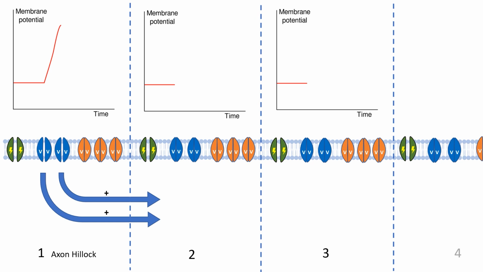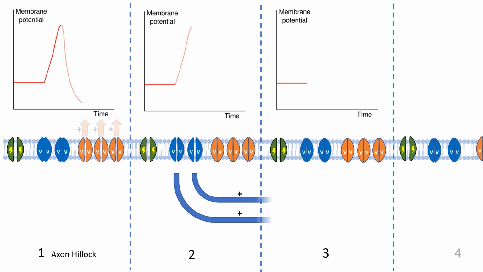Now, several things are about to happen simultaneously. In segment 1, the sodium voltage-gated channels will close and the voltage-gated potassium channels will open. In segment 2, the influx of sodium will immediately bring this segment past threshold and the voltage-gated sodium channels will open. Are you ready? Here we go.